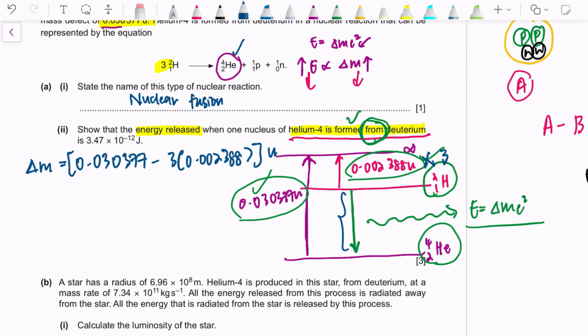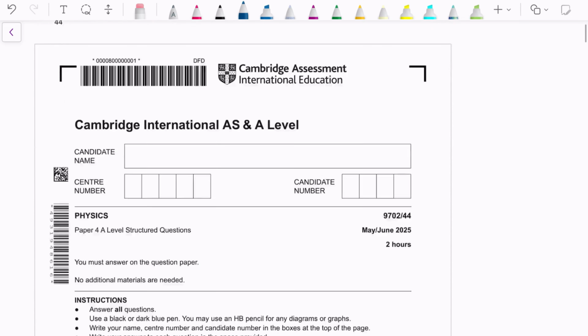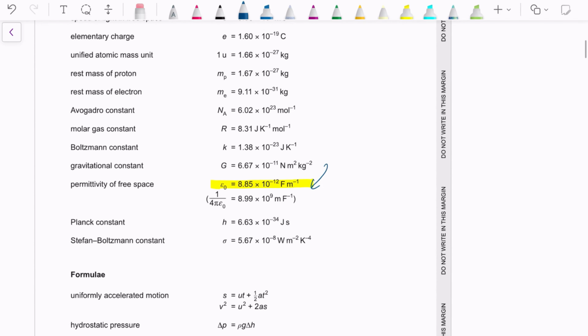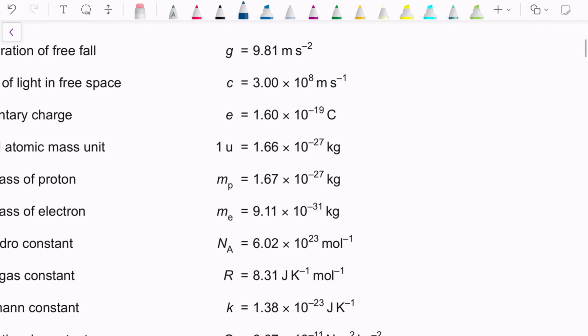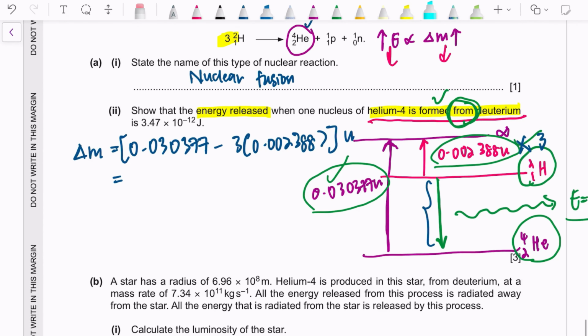So you can straight away multiply by your atomic mass unit. If you're wondering what the atomic mass unit is, it's given on the first page of the formula sheet, the unified atomic mass unit. So you don't have to remember it. You can either multiply straight away by 1.66 times 10 to the power of negative 27, or multiply later when calculating the energy.